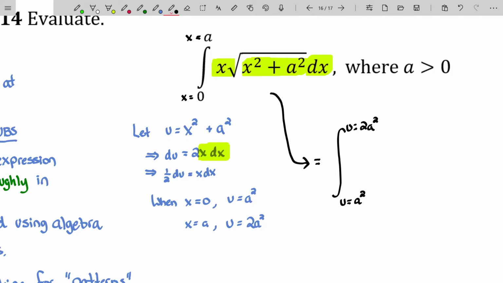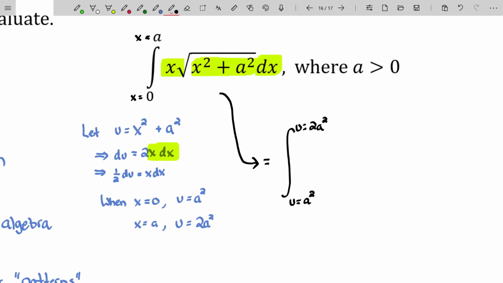So we go from u equals a squared to u equals 2a squared of, let's see, x dx gets stolen away and traded out for a 1/2 du. We have the square root of x squared plus a squared, but x squared plus a squared we called u. So we have the square root of u, or in other words, u to the 1/2 power.